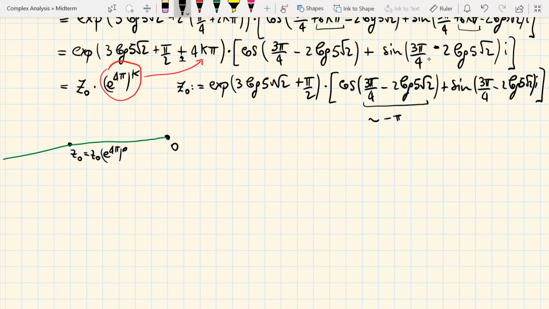So you will also have here all the other numbers on this side for k negative. So here, for example, you will have z0 times e to the 4π times minus 1, and so on. And then on this other side, you will have k positive.